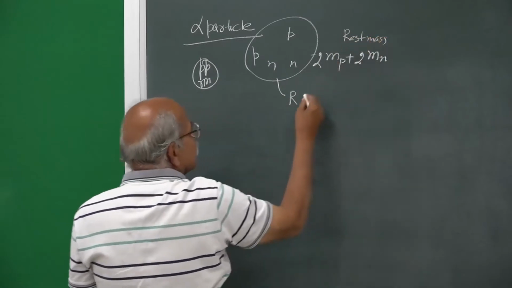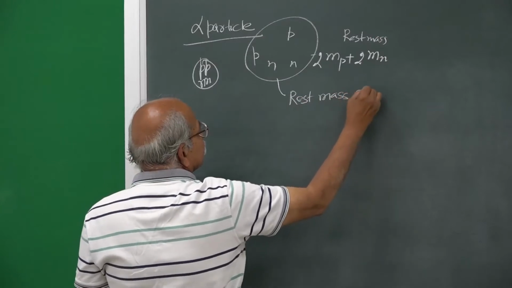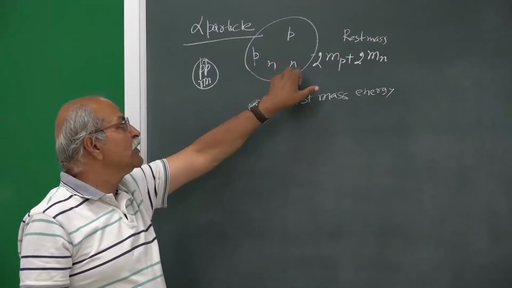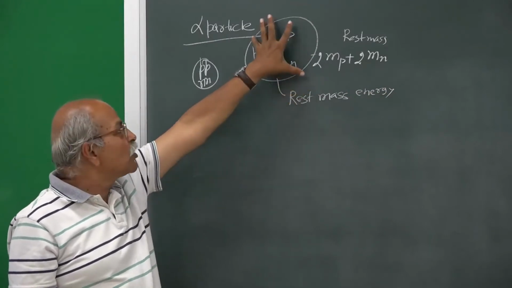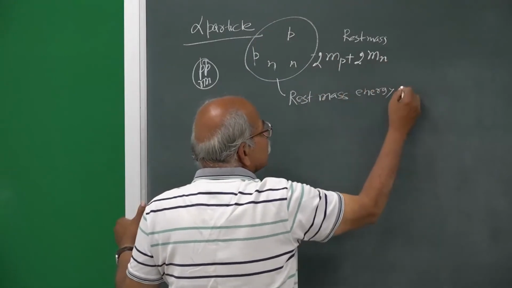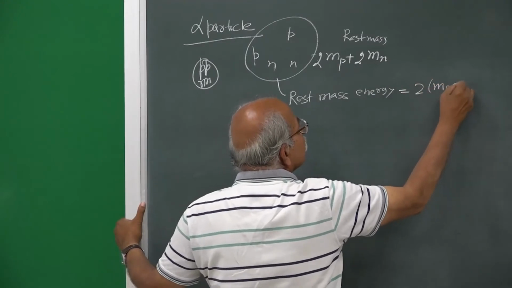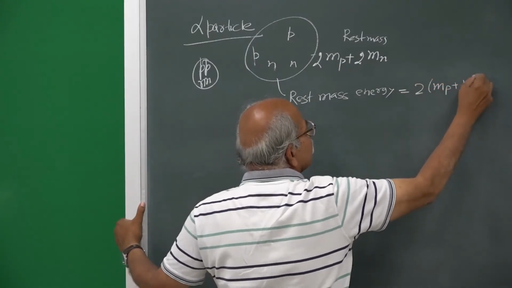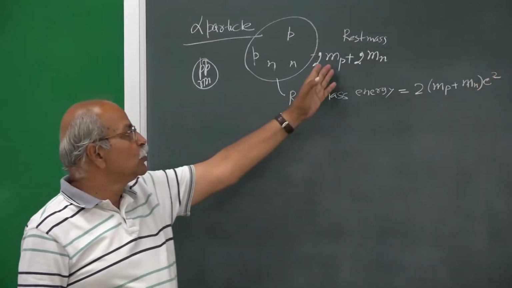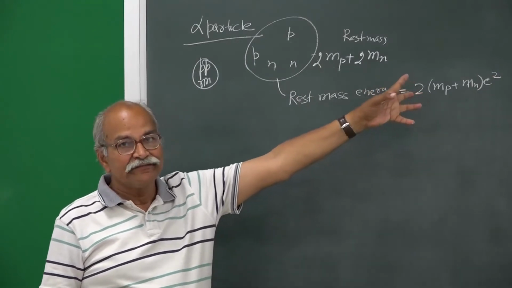No kinetic energy, nothing is moving. So, for this combination the rest mass energy is (2mp + 2mn)c², just the addition of 2 proton rest mass energies and 2 neutron rest mass energies.